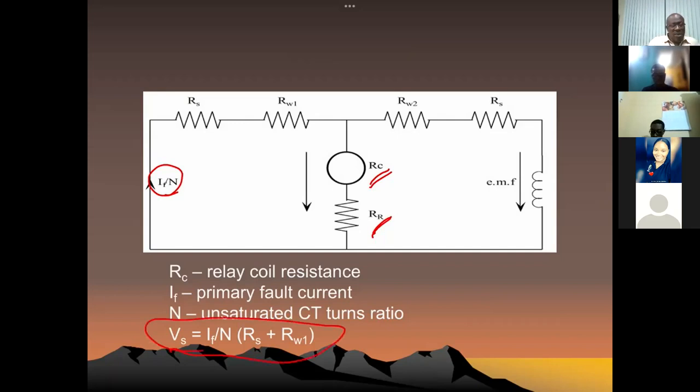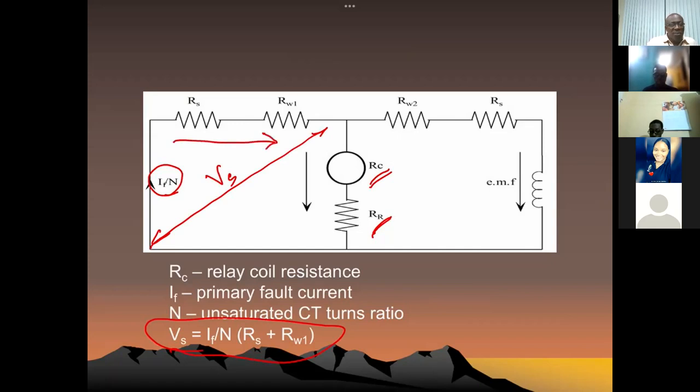To show that Vs, which will be the voltage across here, is equal to IF over N, which is the current that is now flowing through this.